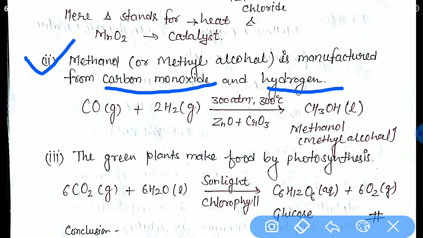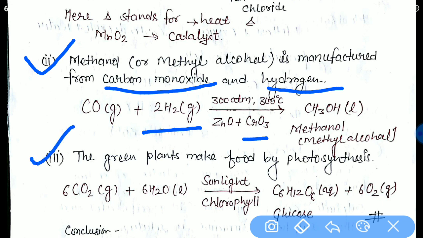Carbon monoxide is a gas, and when it reacts with hydrogen gas at 300 atmospheric pressure and 300 temperature in the presence of zinc oxide and chromium oxide, this gives CH3OH, which is in liquid form and known as methanol or methyl alcohol. This is very dangerous for health. We should never drink it directly.